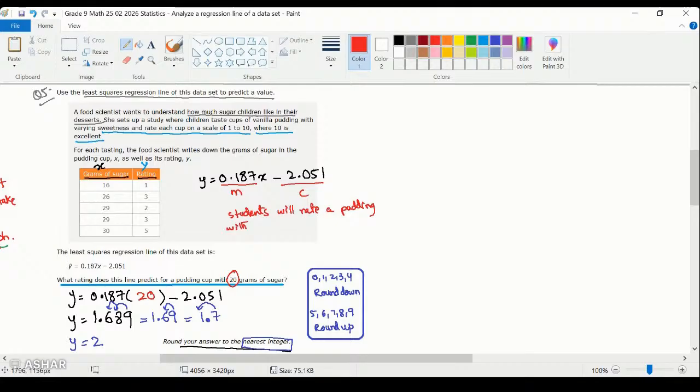Okay, sorry. Rate 2 to a pudding with 20 grams of sugar. Okay.